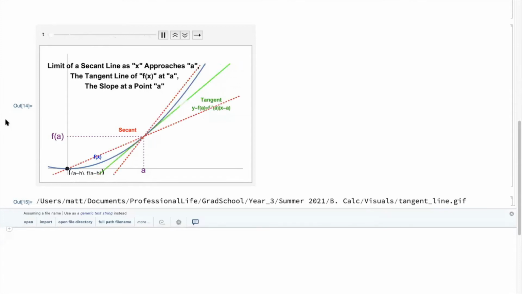So we're going to zoom in on this idea of the tangent line. All right, so we got our tangent line. Now let's zoom in.